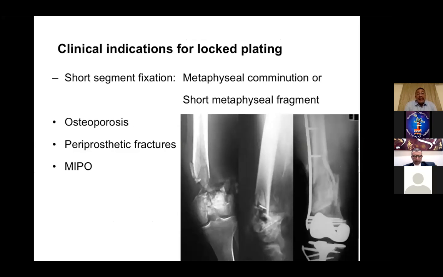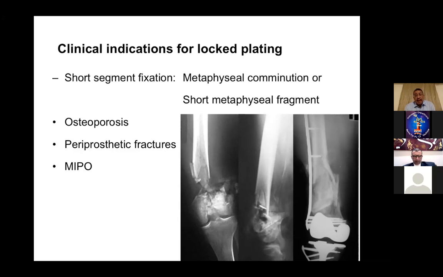What are the clinical indications? They are indicated especially in short segment fixation, metaphyseal comminution, or short metaphyseal fragment, like the case we have here. I think there is no other tool that can help except locked plates, locked anatomical plates. Second indication, osteoporosis.